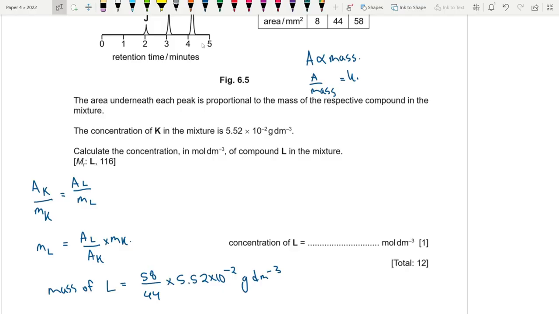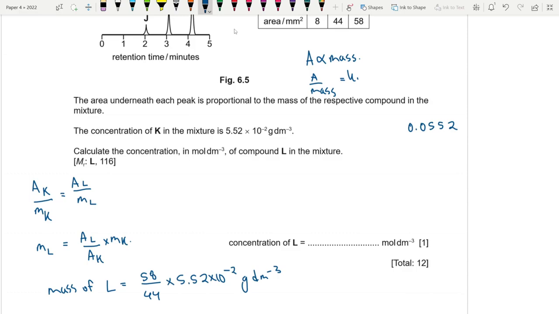Okay, so let's try doing this. So that's 58 by 44 times 0.052. We get an answer of, wait, 0.0552, my bad, I was using 0.052.